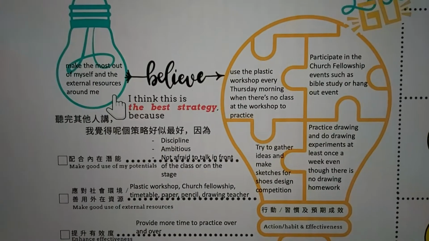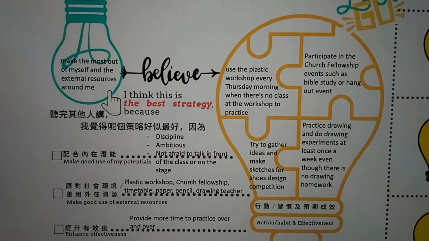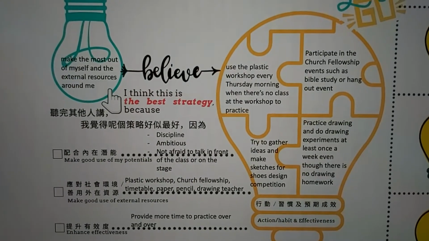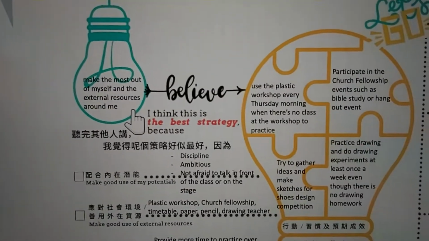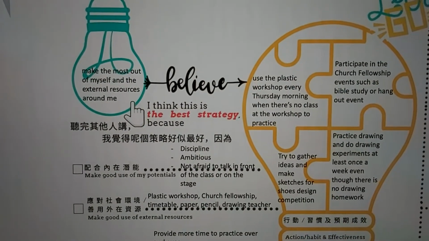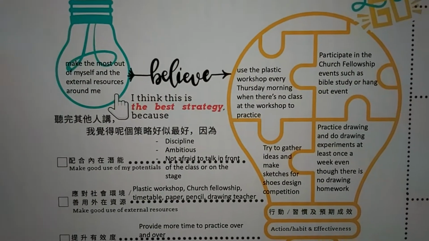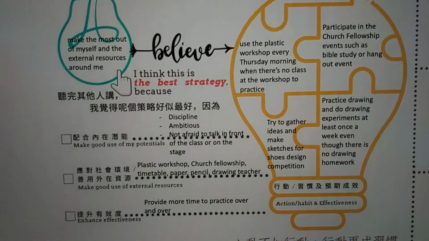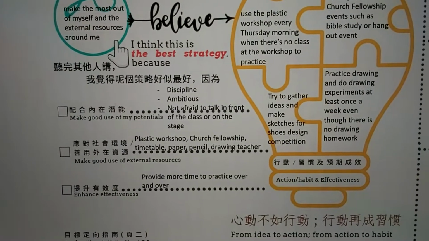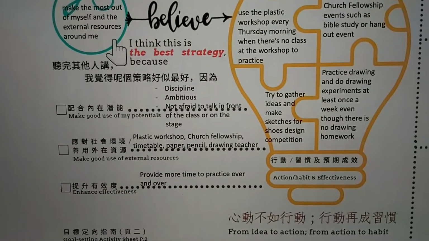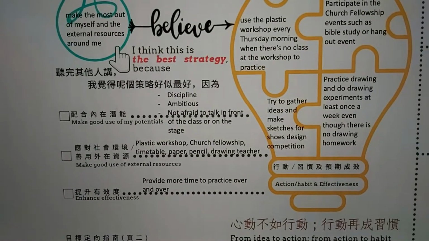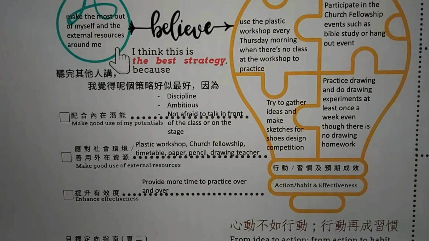So I think the most important way to achieve my goals is to make the most out of myself and out of the external resources around me. I believe it is the best strategy because with that I can make good use of my potentials, which I have already written before, which are discipline, ambition, and my ability in talking in front of the class or the stage.